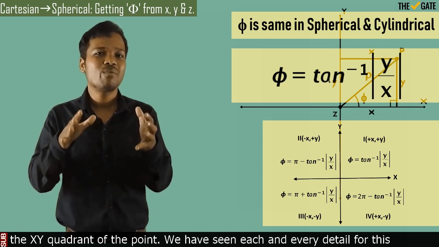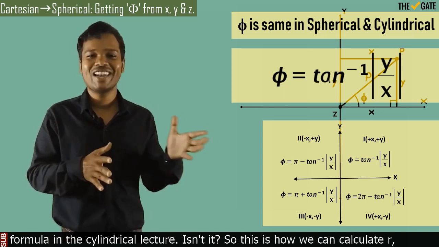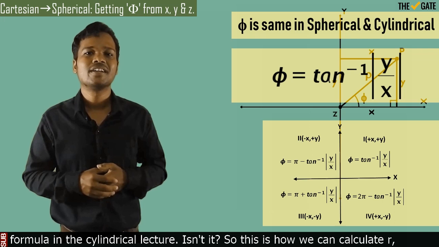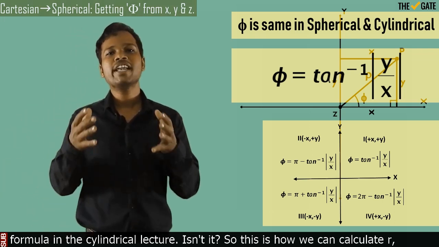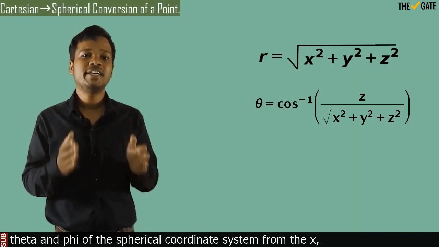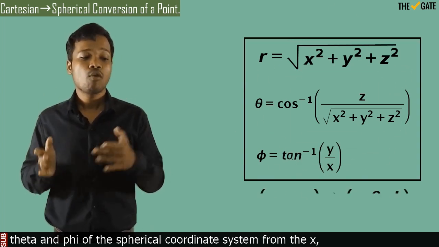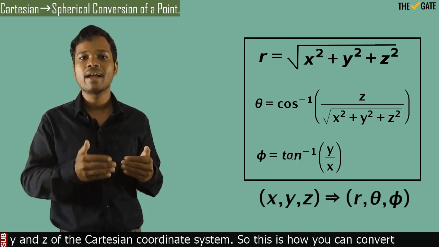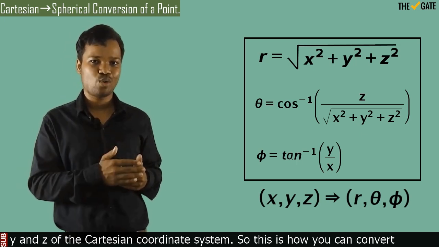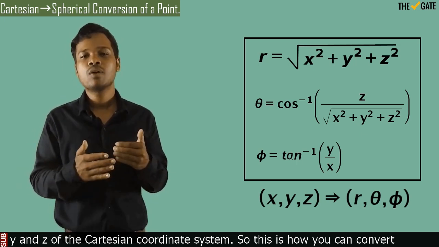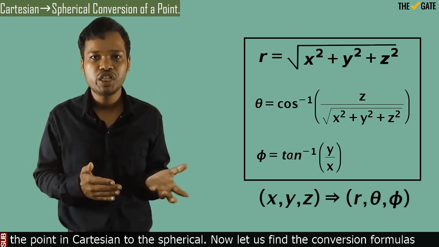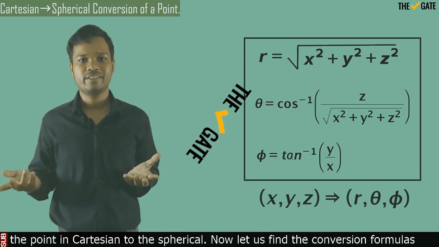We have seen each and every detail for this formula in the cylindrical lecture, isn't it? So this is how we can calculate r, theta and phi of the spherical coordinate system from the x, y and z of the Cartesian coordinate system. So this is how you can convert the point in Cartesian to the spherical.